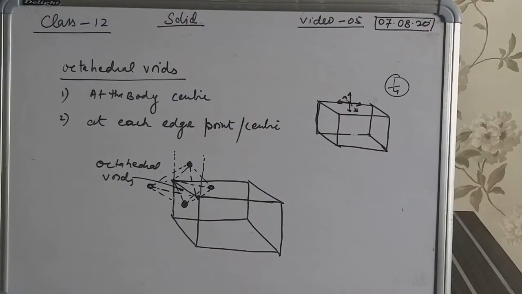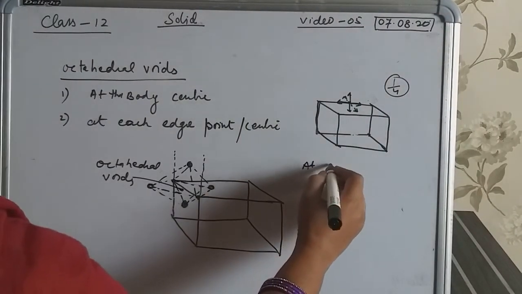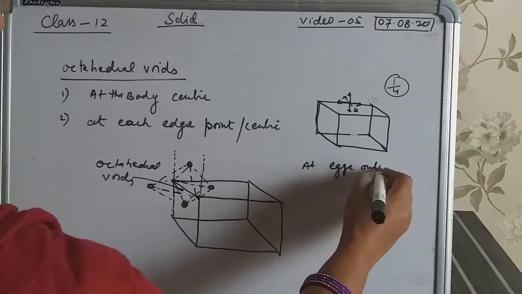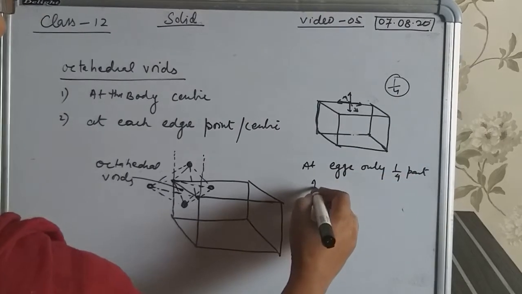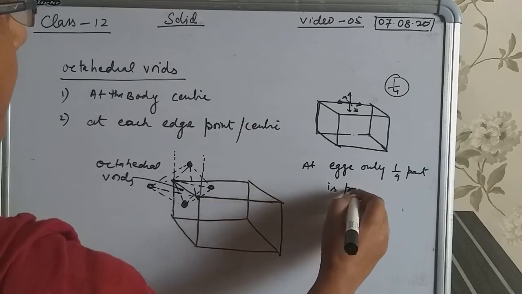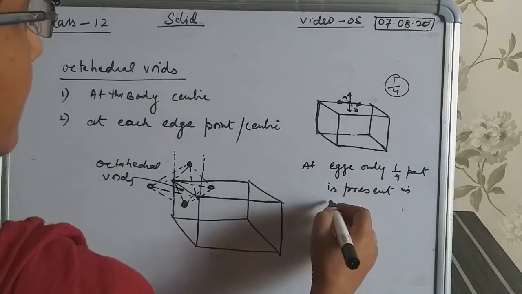So students, at the edge only 1 by 4 part is present in the unit cell.